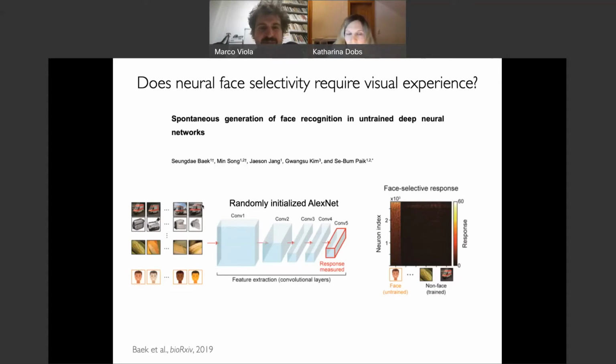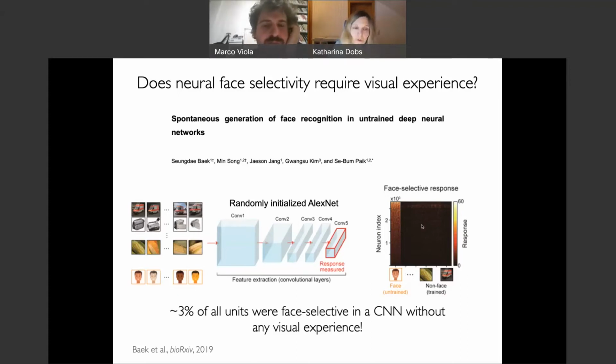So there were indeed units in this artificial system that hadn't seen anything, that selectively responded to faces compared to any of these other visual categories. Around 3% of all units were face selective in a CNN without any visual experience, right? And that was quite puzzling, and people got excited about this also on Twitter.